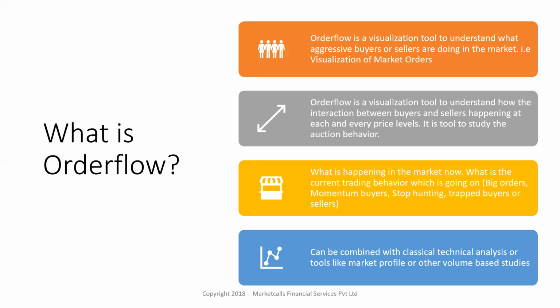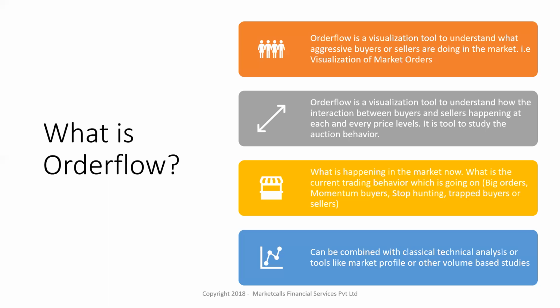It is a tool to study the buyers and sellers behavior, and you can take advantage of those behaviors in real time. You can use it for scalping the markets or intraday trading. So primarily order flow is used for very short term trades.